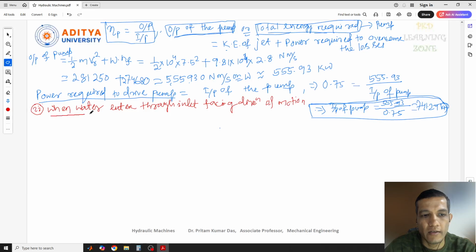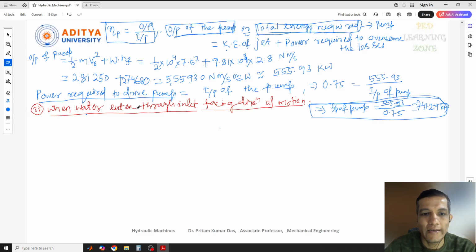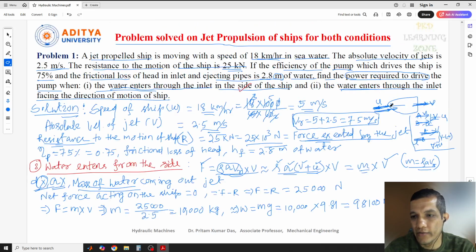For this condition we need to think in a different way. Let me show you the first condition. The ship is moving in this direction, so the water enters through this side, the pump is established here, and the jet of water comes out from here, and the ship is moving. This is the first condition.